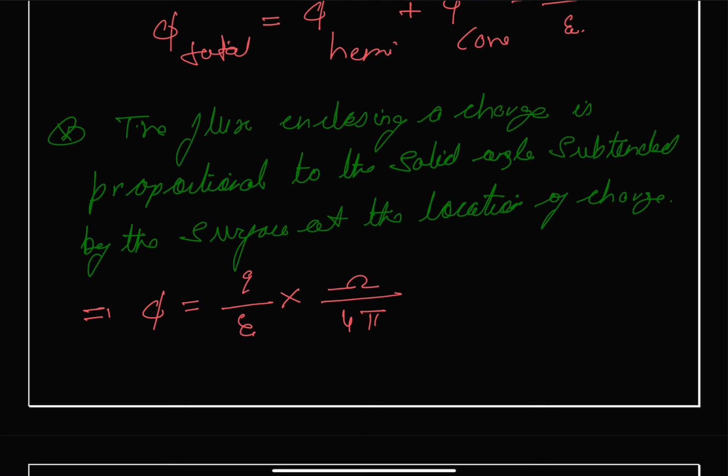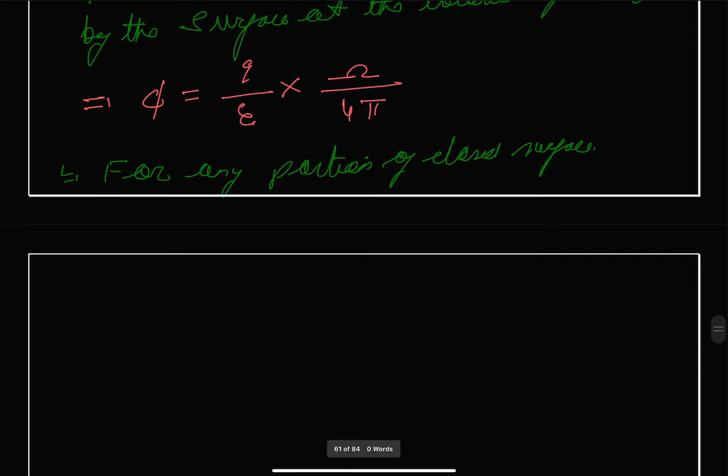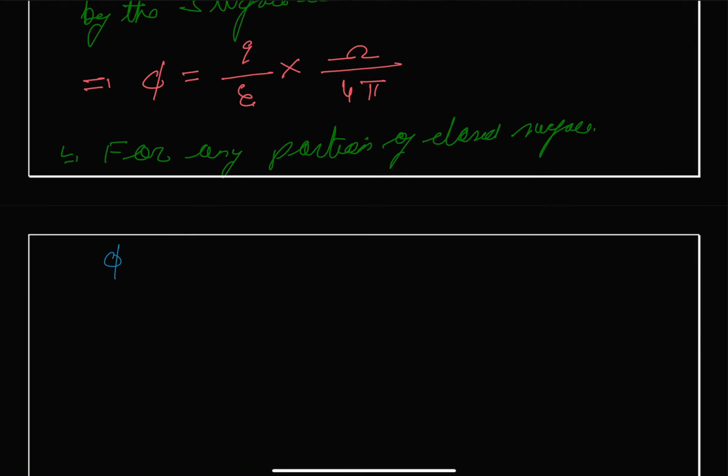And for any portion of a closed surface, we can write that the flux enclosed by the surface will be equal to charge upon epsilon naught multiplied by the solid angle of the surface divided by 4 pi.